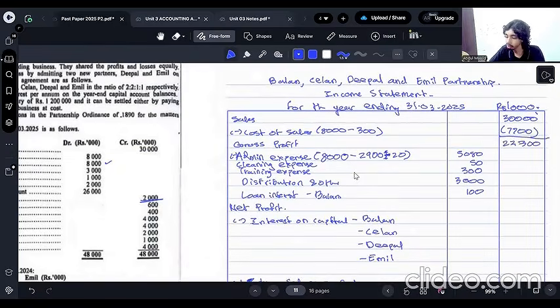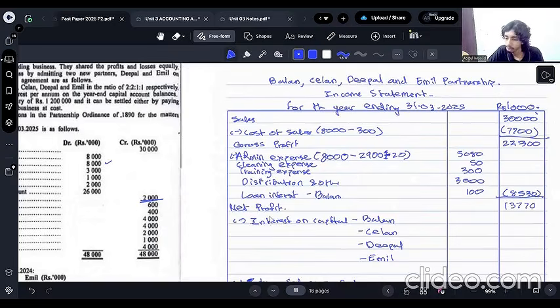Your total expense will be 5,080 plus 50 plus 300 plus 3,000 plus 100, that is 8,530. Your net profit will be 22,300 minus 8,530, that is 13,770.